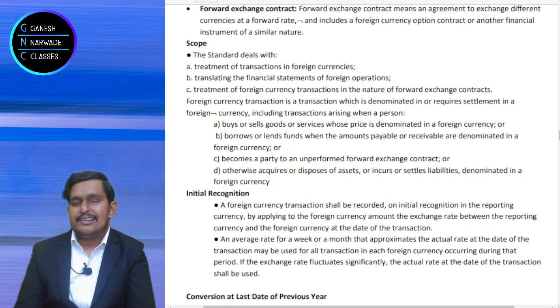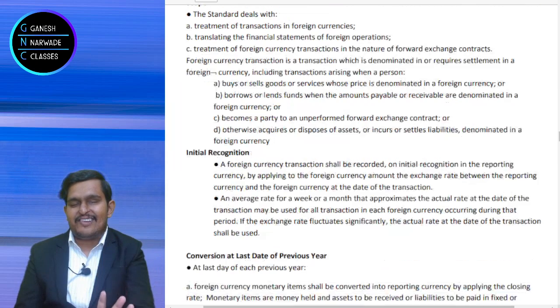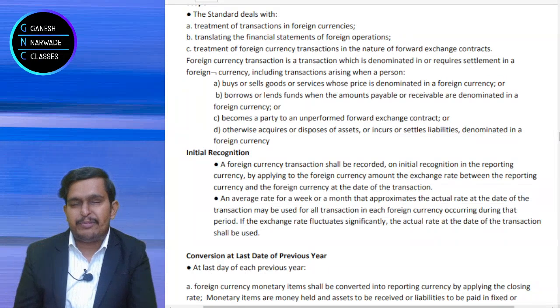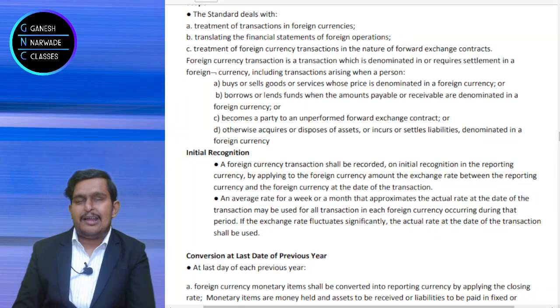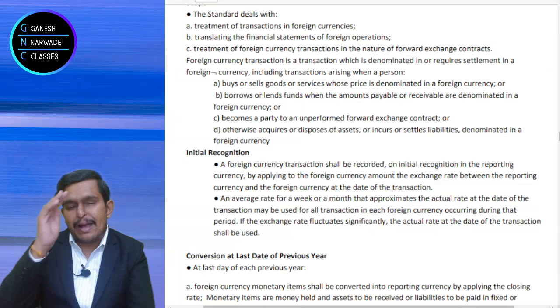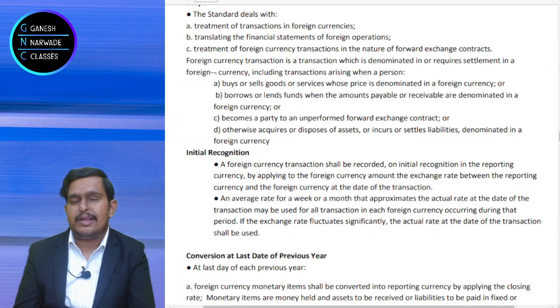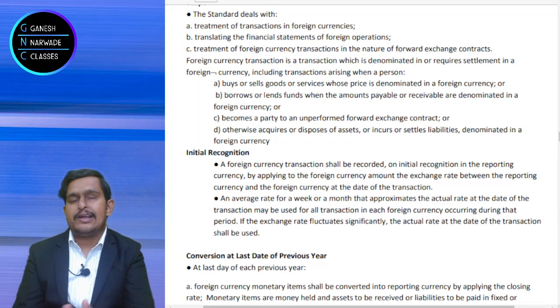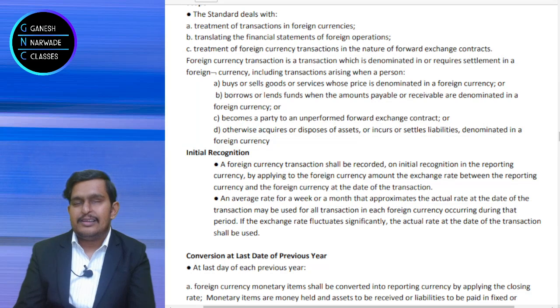You cannot say that Tata's balance sheet in India shows Indian affairs in Indian rupees, UK affairs in pounds, and American affairs in dollars. An Indian investor will go mad, they already do not understand Indian P&L accounts, right? How will we understand if so many things are there? So all should be converted, translated to Indian rupees.